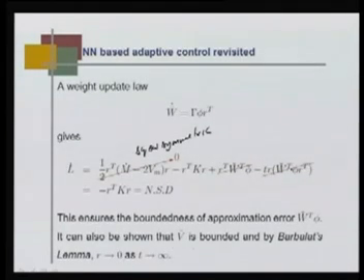It can also be shown that V double dot is bounded, and by Barbalat's lemma r tends to 0 as t tends to infinity. So, it is not simply stable, it also says that the tracking error will converge to 0.